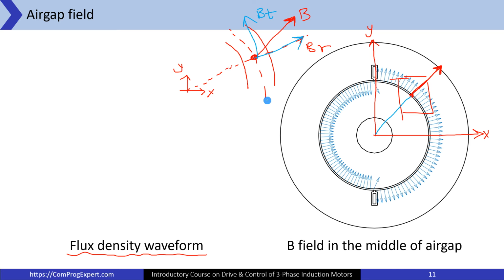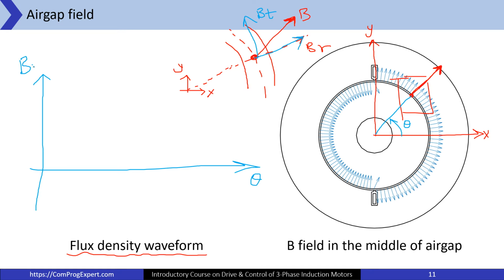So I considered this point, and I can plot this graph. This is theta, the circumferential coordinate in the cylindrical coordinate system, and the y-axis can be Br or Bt.